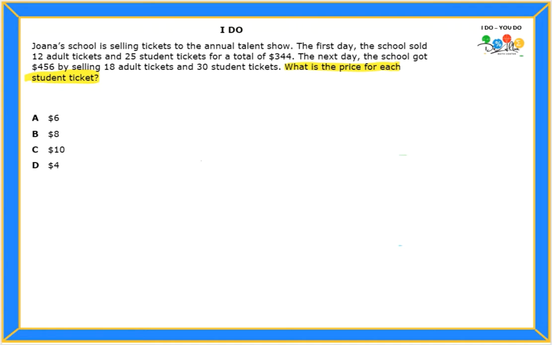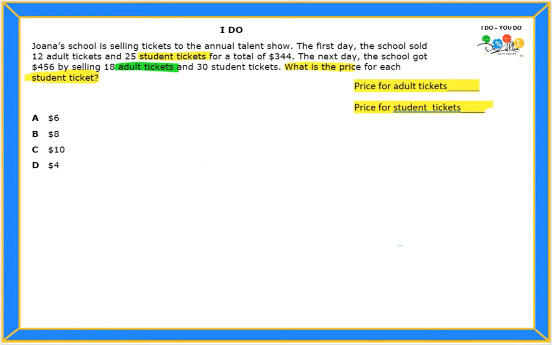So right here we have student tickets, and the next one is going to be my adult tickets. I know we have two types of tickets sold. So the first thing I want to do is identify who's going to be my X and who's going to be my Y, or my S, or my variable. At the end of the day, you decide what variables you want to choose.